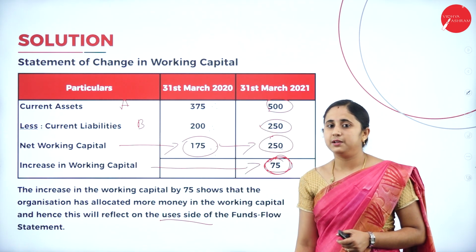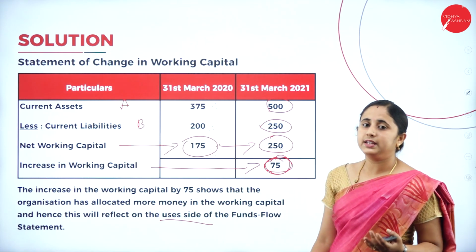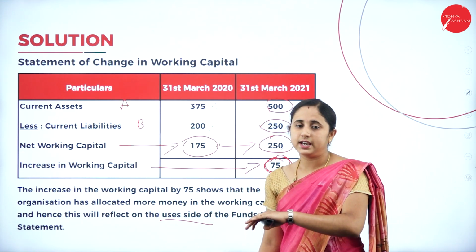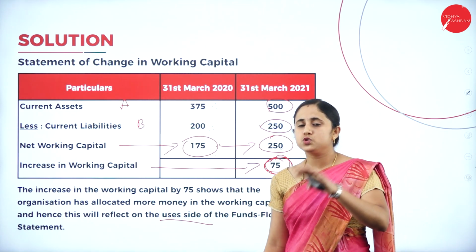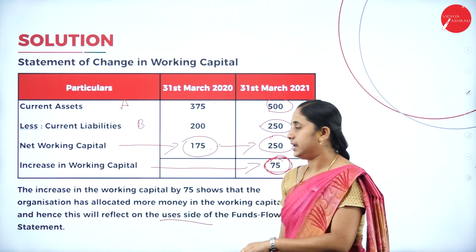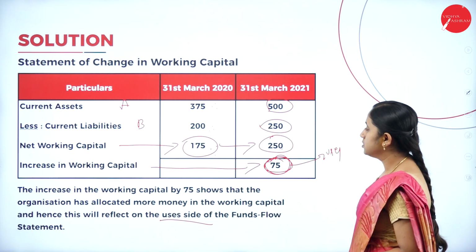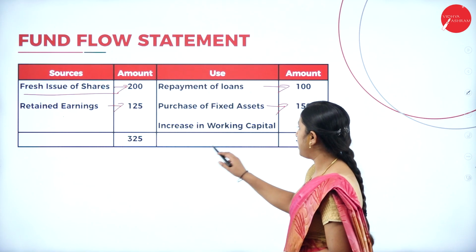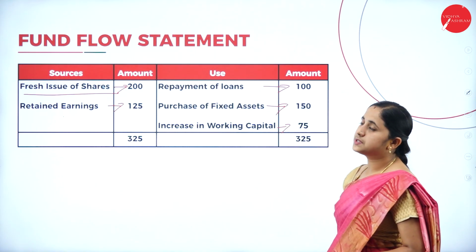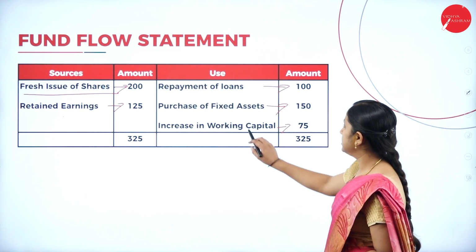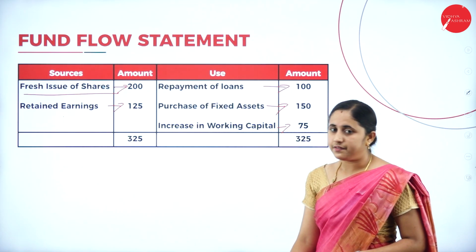An increase in working capital means they use funds from their business this year. Compared to the previous year, they use more money in the current year. So an increase in working capital always comes under uses or applications of fund: increase in working capital 75.